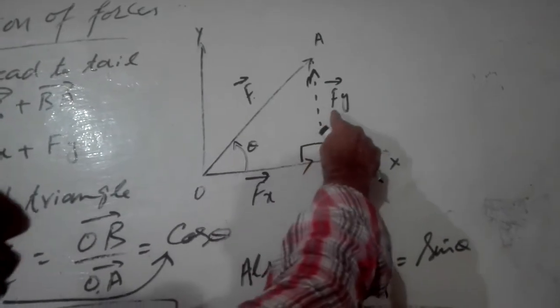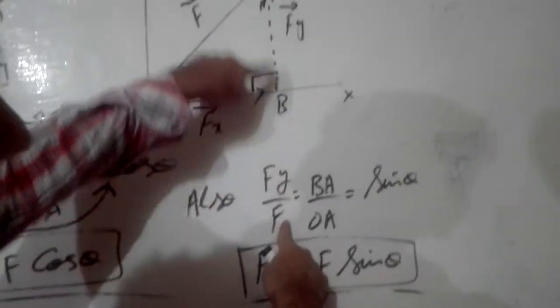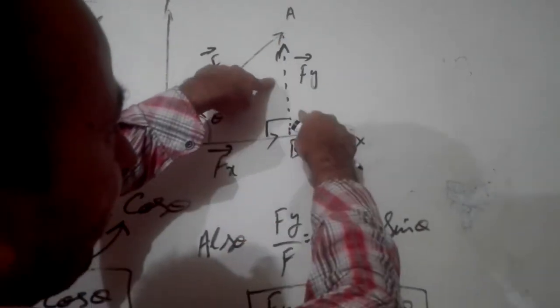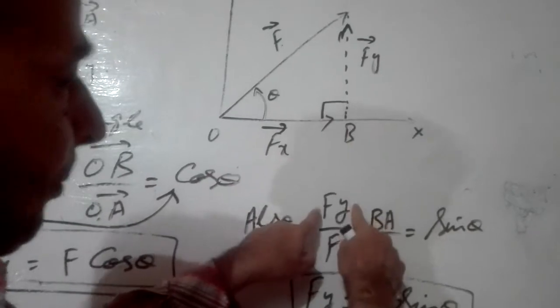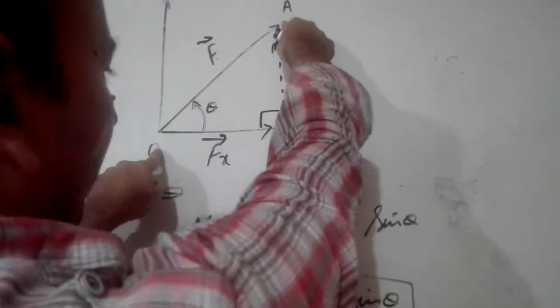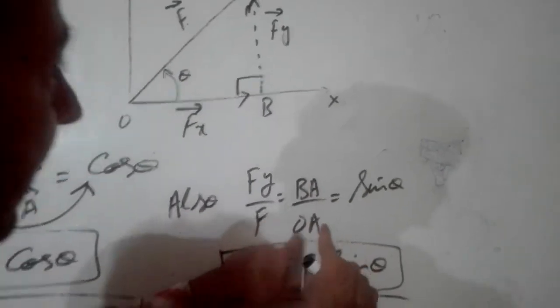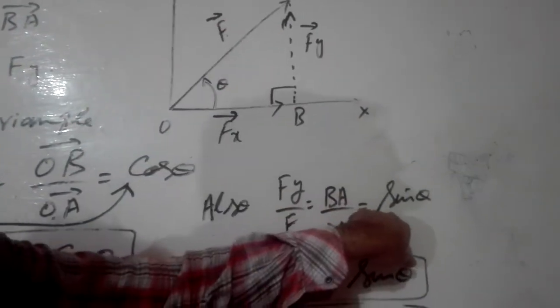Similarly, if you want to find the vertical component Fy, take the ratio of Fy with F, Fy over F. Fy is the perpendicular, and force F is again the hypotenuse. Perpendicular over hypotenuse means BA over OA, and remember that perpendicular over hypotenuse gives us sine of the angle, sine theta.